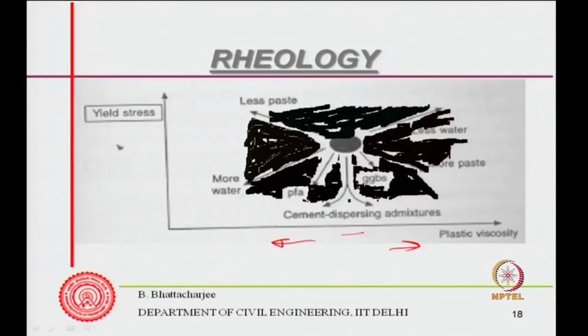If I add admixtures such as a plasticizer or water reducing agent, the plastic viscosity can increase or decrease, with some increasing it and some reducing it, but the yield shear stress definitely decreases. This is the plastic viscosity.